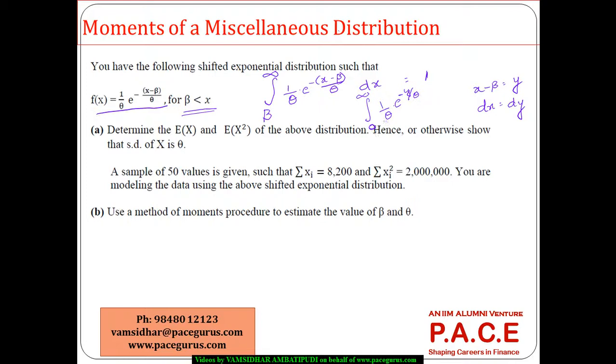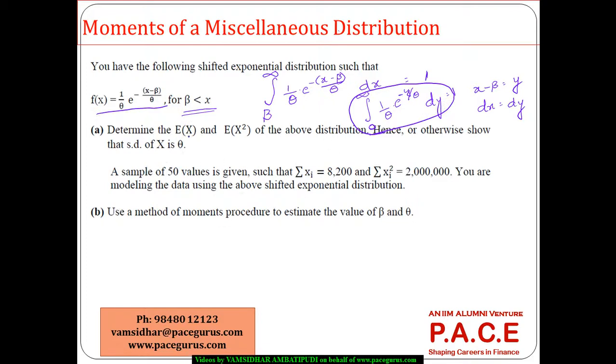So anything from 0 to infinity, 1 by theta times e to the power of minus y by theta dy, will definitely be equal to 1. We'll use this result at a slightly later point in time.